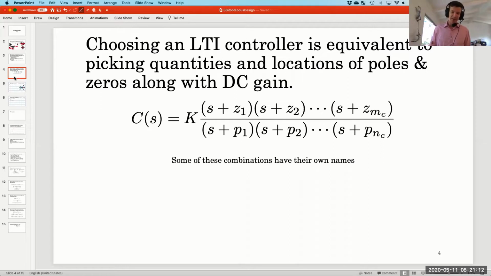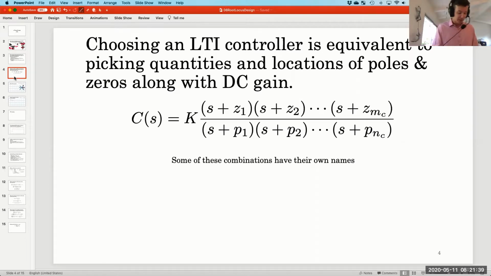We're taking the task of picking a system, and I'm trying to boil it down. If you're restricted to LTI systems, which I think is a good restriction at this point, then the system that you choose for your controller is going to be some poles and some zeros. How many poles? How many zeros? That's up to you. And then possibly a gain. How big of a gain? That's also up to you.